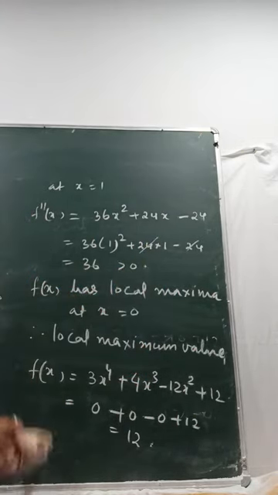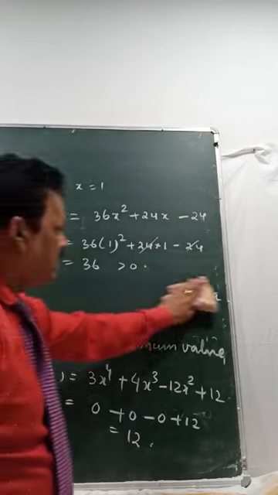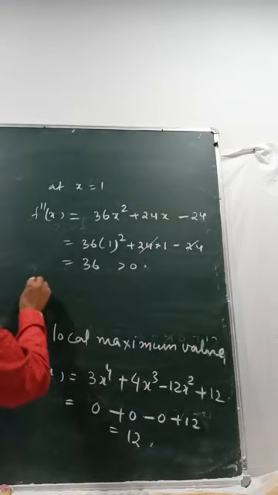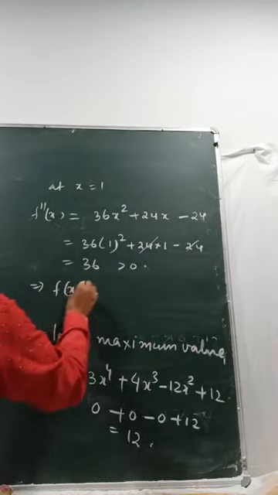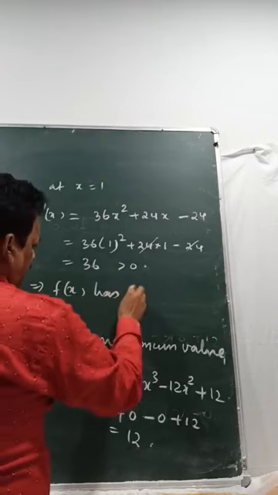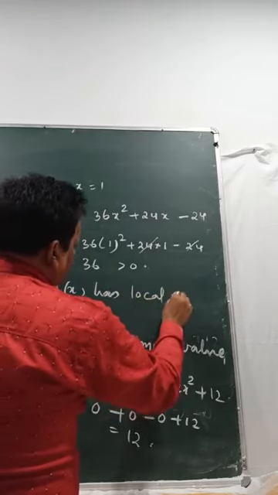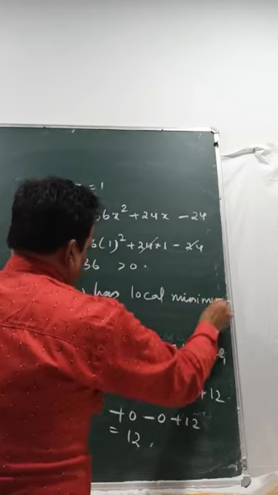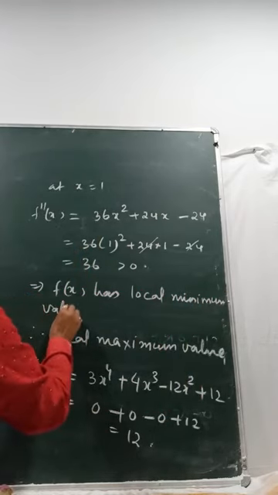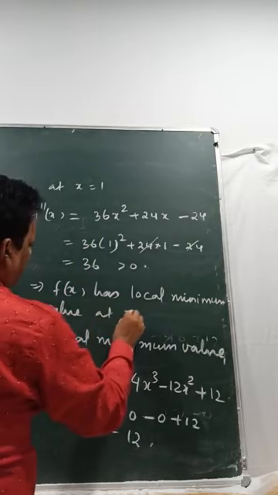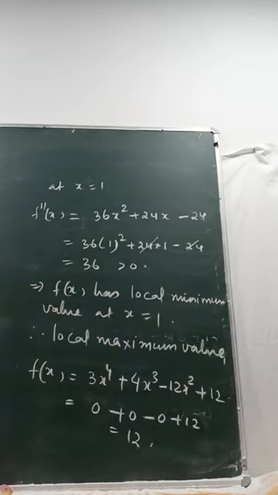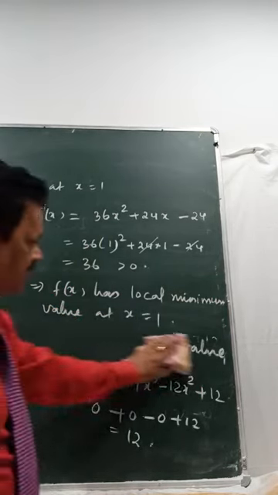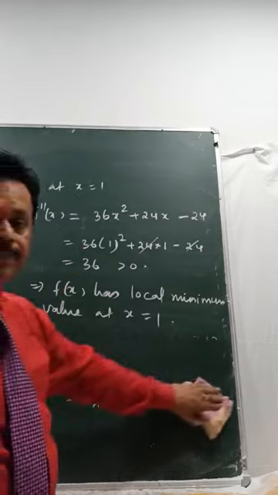So greater than 0 means f x has a local minimum value at x equals to 1. So to find the local minimum value, put it in the function.